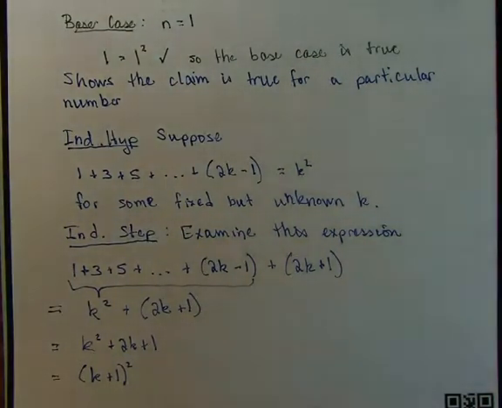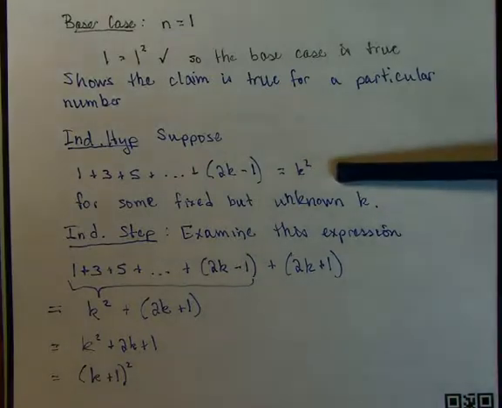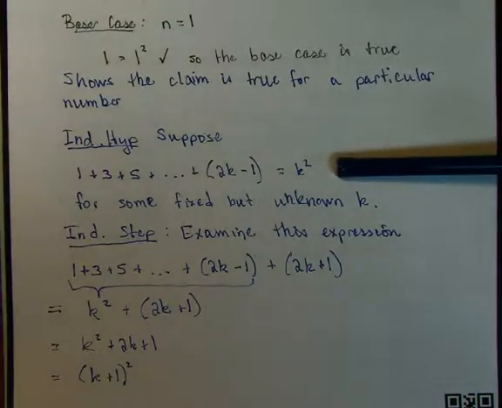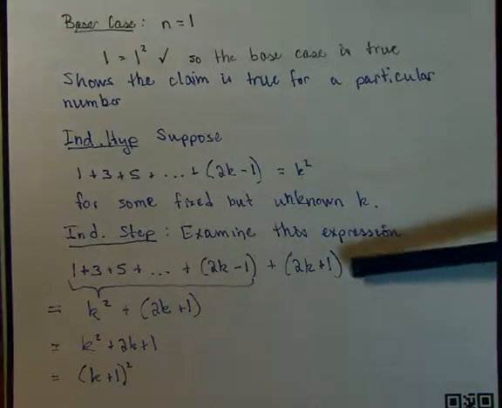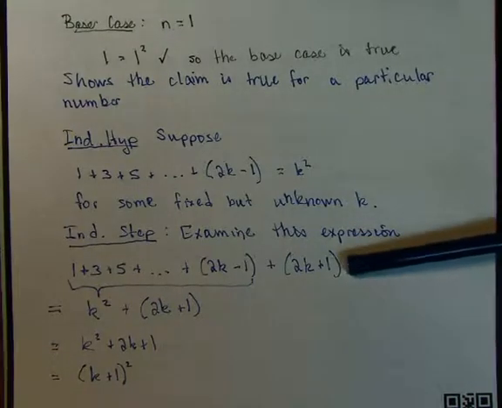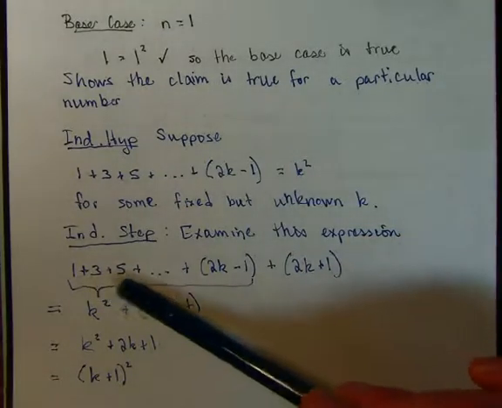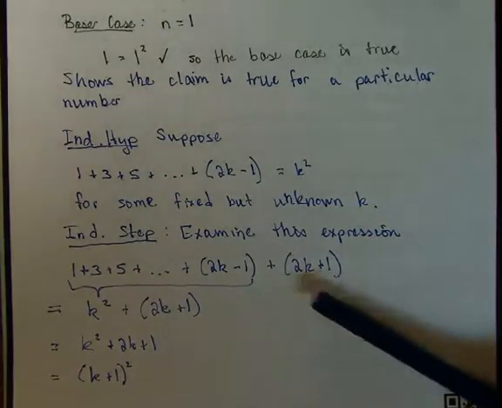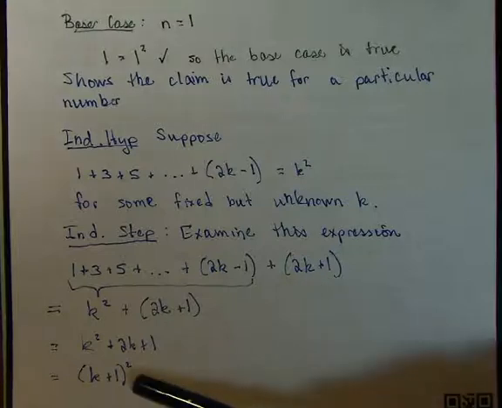Now, this is actually an important feature of mathematical induction right here. What we have just established is that if our claim is true for some natural number k, then it automatically holds for the next natural number, because we just showed that the sum of the first k plus 1 odd numbers must be equal to k plus 1 squared.